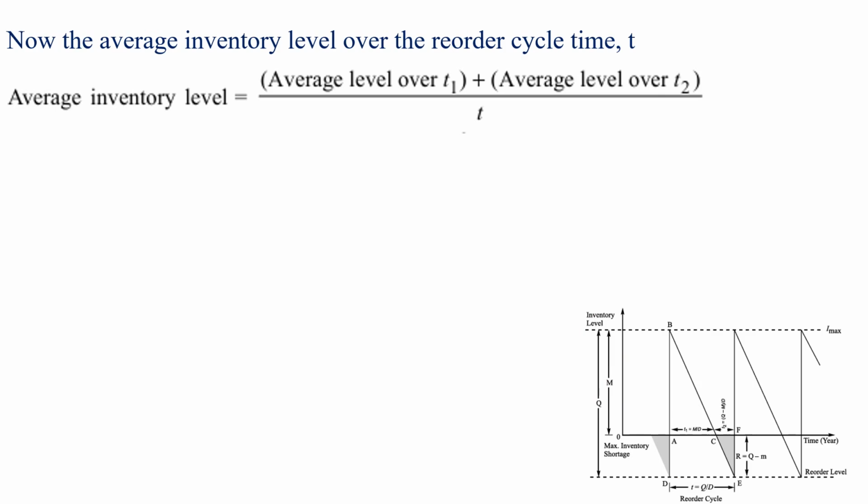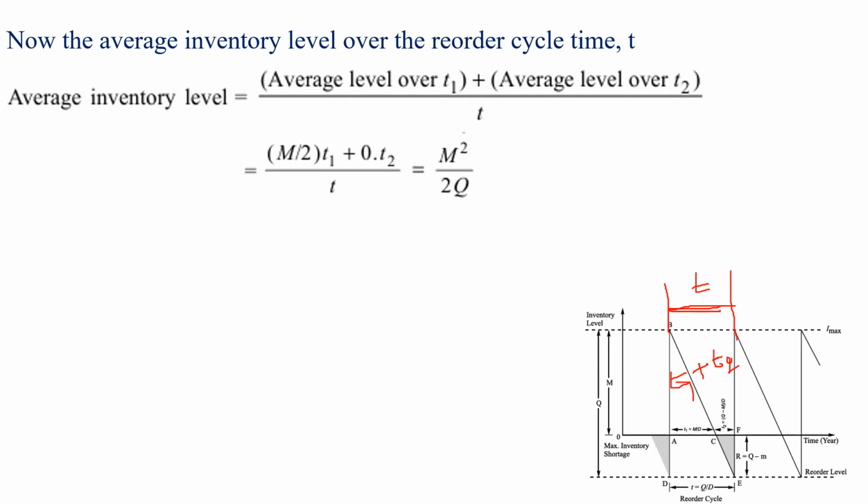Next we have to determine the average inventory level over the reorder cycle time. So here we have to determine how much inventory level there is with the time period small t. The average inventory level can be written as the average level over T1 time and also the average level over T2 time. Let's see this one. First, the average level over the T1 time period.